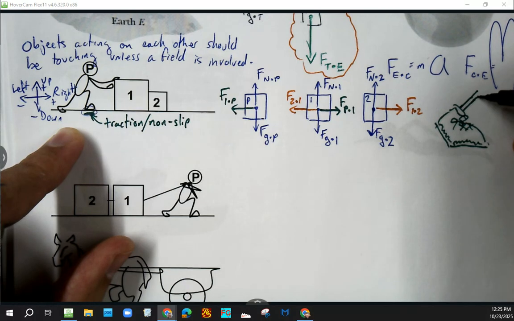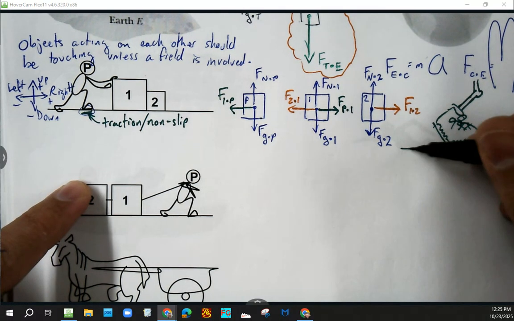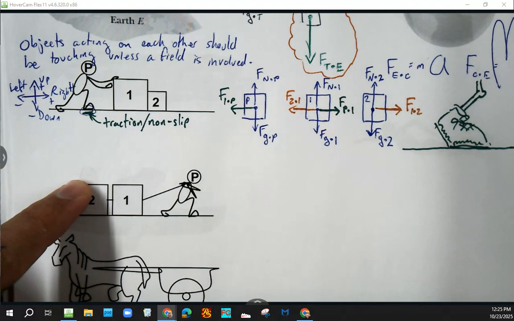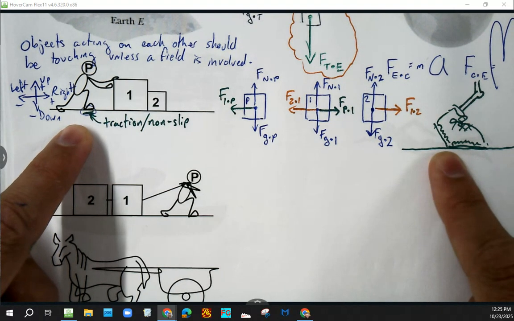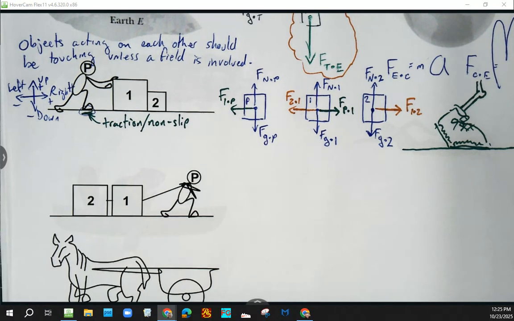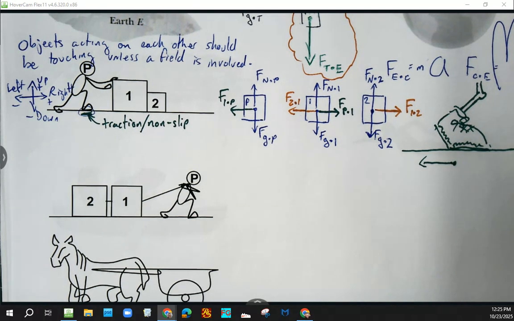Go up here, oh, knobbly knees. So we got this foot, and this foot's walking along. When you walk, don't you push the ground underneath your feet backwards? It's true, right? That's what the traction allows you to do.